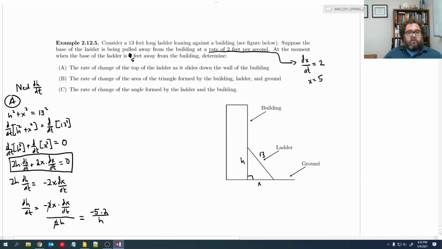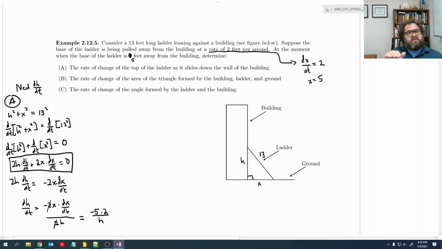We're not told what the height is, and we need to know the height at this moment in time. What is this moment? The moment is when the base of the ladder is 5 feet away from the building. So we need to figure out the height at that time.